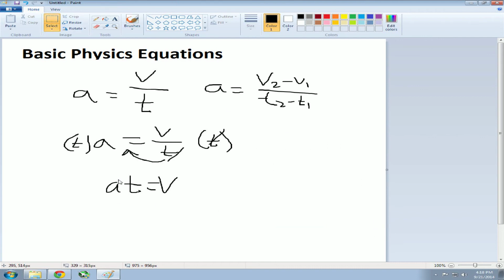And we're going to move this one more time, and divide both sides by acceleration. What happens is that the accelerations cancel on this side, and you have time equal to velocity over acceleration. This is the basics of it.